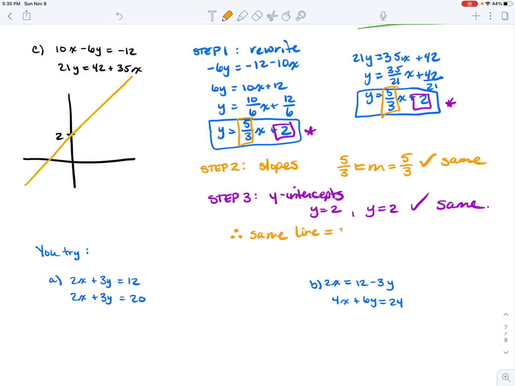They are coincident lines. And therefore, the linear system has infinite solutions.